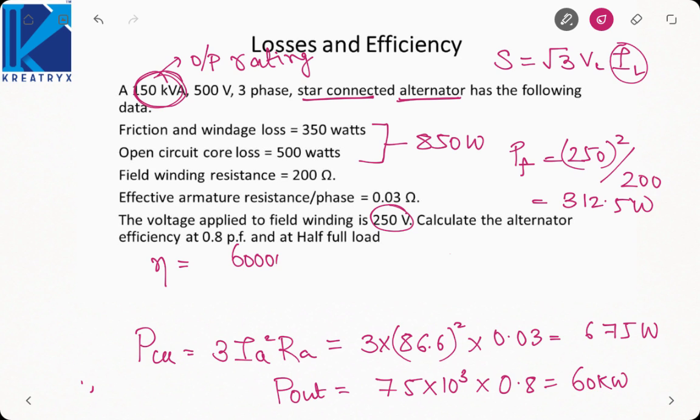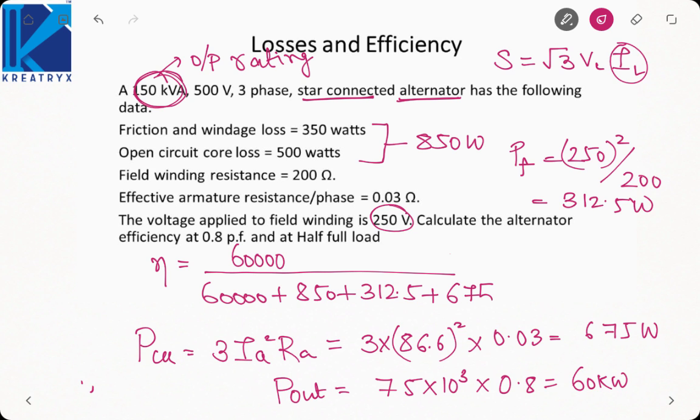Output by output plus loss. Loss is 850 rotational loss, 312.5 is field loss, and then 675 is the copper loss. So this will come out to be 0.97, or you can say 97%. So that will be the percentage efficiency of the alternator. Is it fine? How you have to consider different losses?